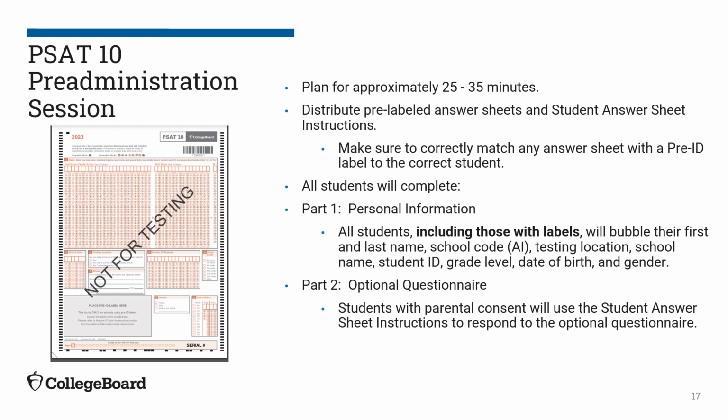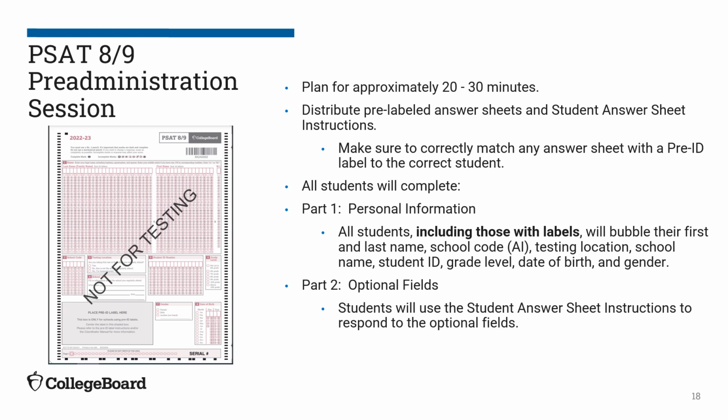Part 1, which includes gridding in all of their personal information, even if they have a pre-ID label, which includes their first and last name, school code or AI code, testing location, school name, SAS ID, grade level, date of birth, and gender. And Part 2, the optional questionnaire, which requires parental consent. Students should use the student answer sheet instructions to guide their responses.